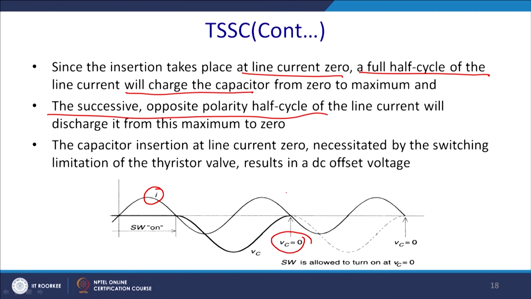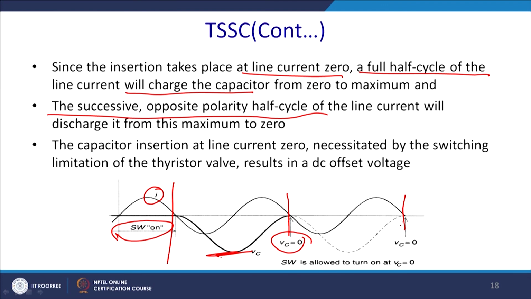You see that Vc will again become 0. At this moment the voltage was 0 because the thyristor was triggered, and at this moment the thyristor was put off, and what happened is the voltage swells up to the maximum Vc. Thereafter, when the current becomes 0, the voltage becomes 0, and subsequently Vc will be 0 again. This is the oscillation pattern.